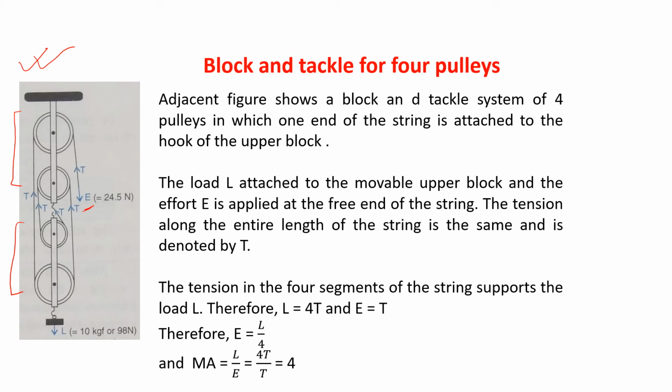As there are the same number of pulleys, how to draw this? Let me just show you how to draw this. Draw a rigid support and then 2 blocks. This is one block and this is another block. Each block is having 2 pulleys, 1, 2.